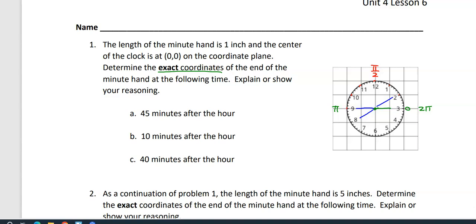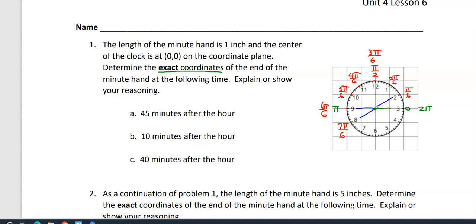This would be pi over 6. This would be 2 pi over 6, which is pi over 3. This is 3 pi over 6, which simplifies to pi over 2. This is 4 pi over 6, 5 pi over 6, 6 pi over 6, which is just pi, and this is 7 pi over 6, and so on.